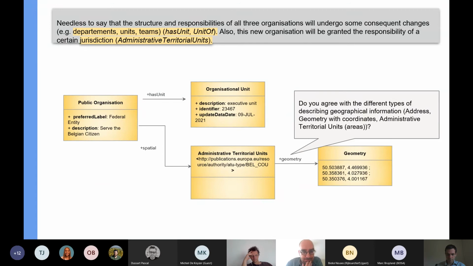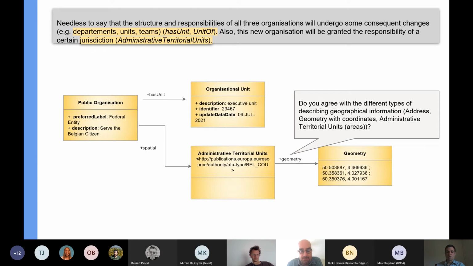Just to clarify, what's the relationship between public organization and administrative territorial units? Is it like the administrative territorial units are subdivisions of public organizations, just like organizational units could be also? Or is it something that describes the range of the public organization, the spatial range of the public organization as a whole?